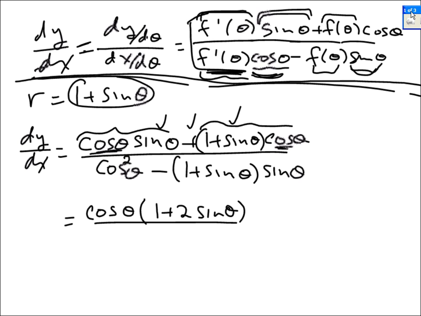And in the bottom, I don't really see anything I can factor out. So it's cosine squared theta minus 1 sine theta minus sine squared theta.